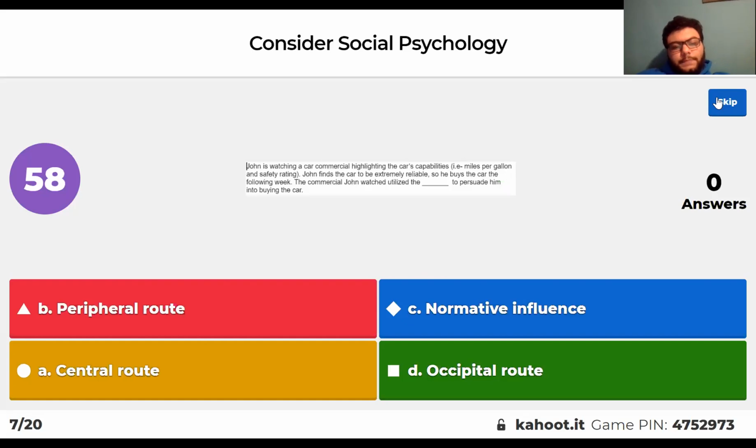In social psychology, John is watching a car commercial highlighting the car's capabilities. John finds the car to be extremely reliable, so he buys the car the following week. The commercial John watched utilized which type of persuasion to persuade him into buying the car?